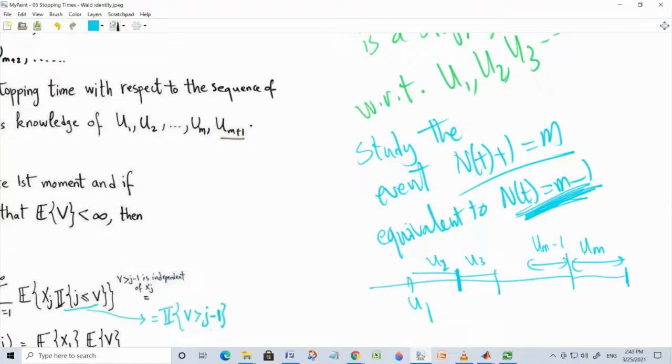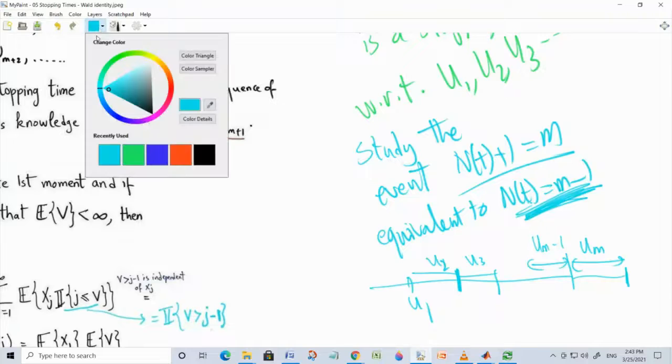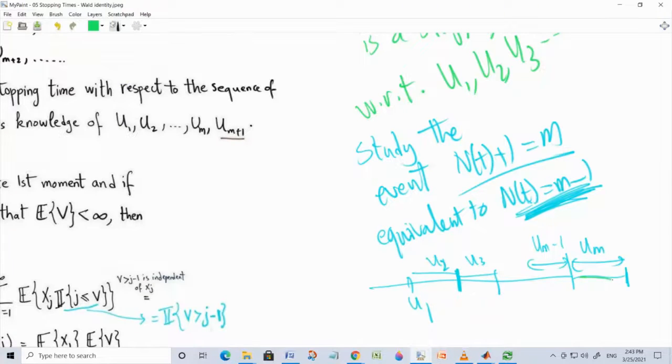If you know those and t is somewhere here, then this event is true. If t is not here, then you are sure that this event is false.